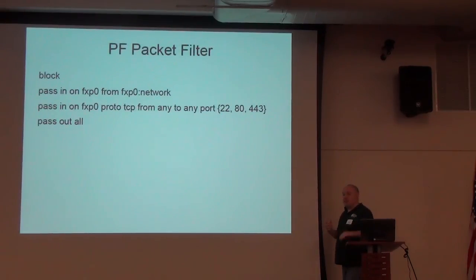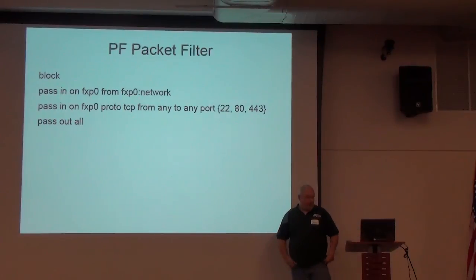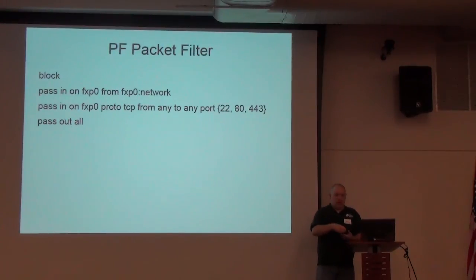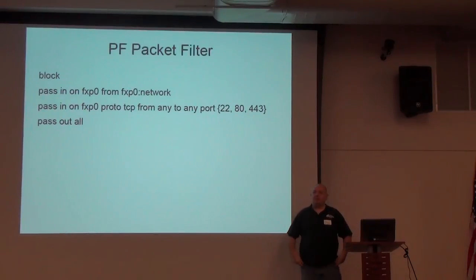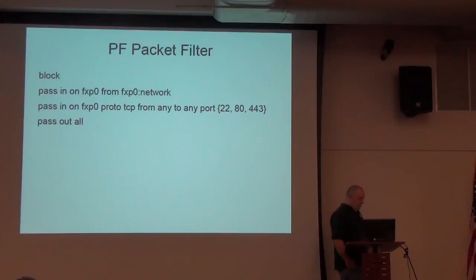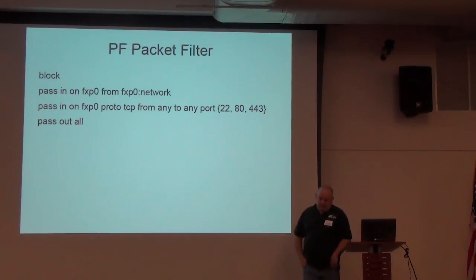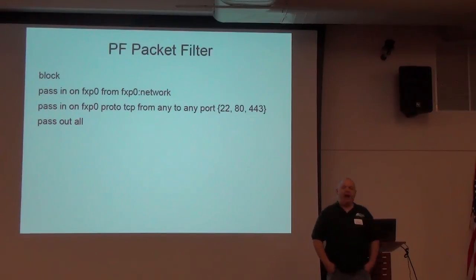One of the nice things about OpenBSD is the PF packet filter. How many of you have used iptables? I have used iptables. I've used it a great deal, and therefore I feel quite confident in saying that I really hate it.